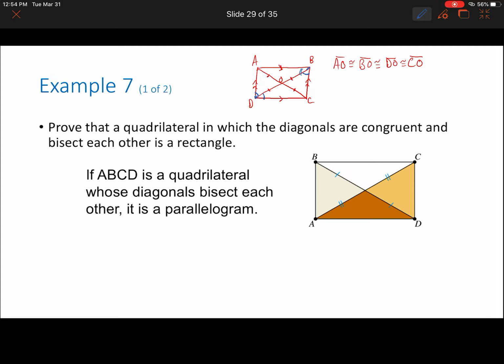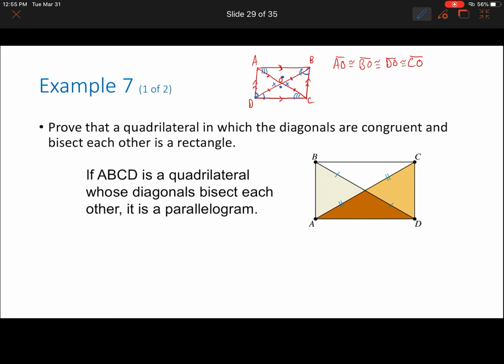Now, a parallelogram has all the properties of a trapezoid, right? And we said that in a trapezoid, consecutive angles are supplementary. Let's take this transversal idea and go with it for a minute. We know that this angle and this angle have to be congruent because they are vertical angles.